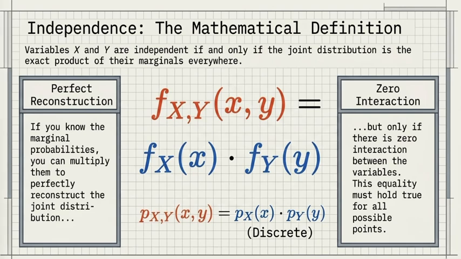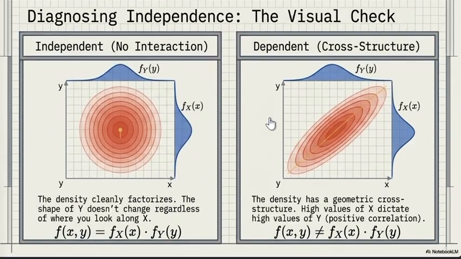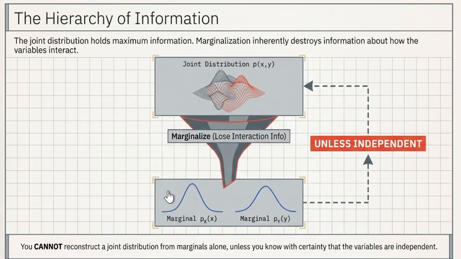This is the formal definition of independence of random variables. If these are not equal, it's dependent, meaning there is structure, and if they are equal, it shows independence, right? There is no interaction. Now moving forward, it's the hierarchy of information.